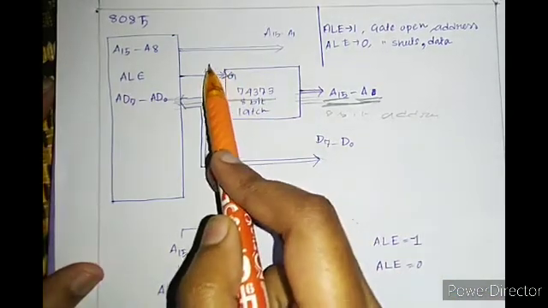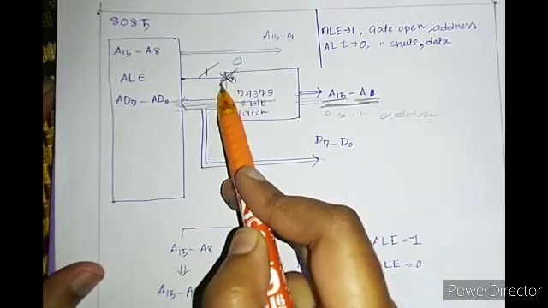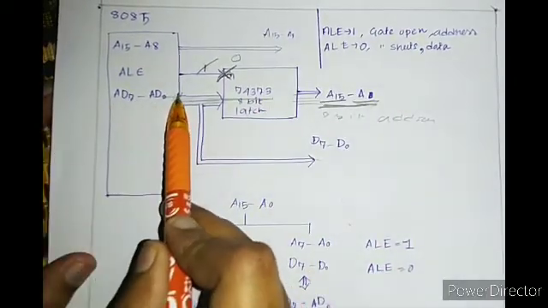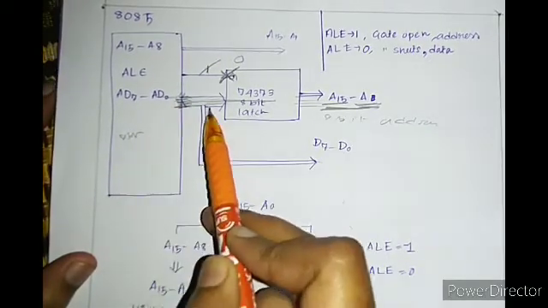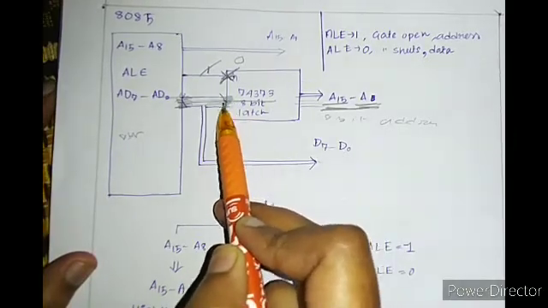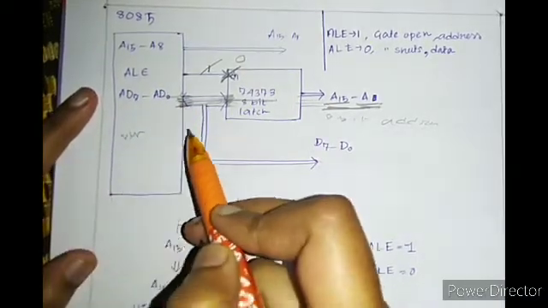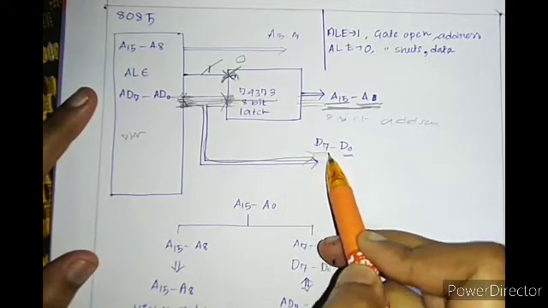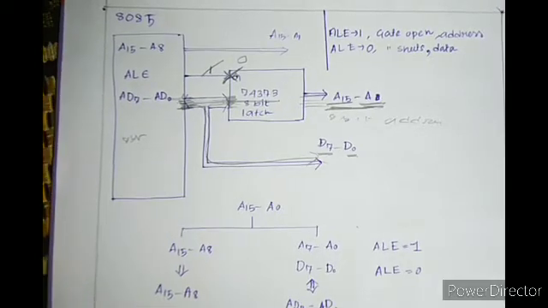Now when ALE goes from 1 to 0, this gate gets closed, and now when the next 8-bit data is coming, it can't enter this latch. So it will just come outside as D0 to D7. Did you understand?